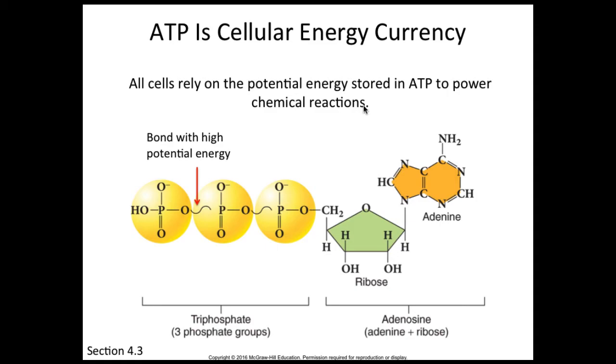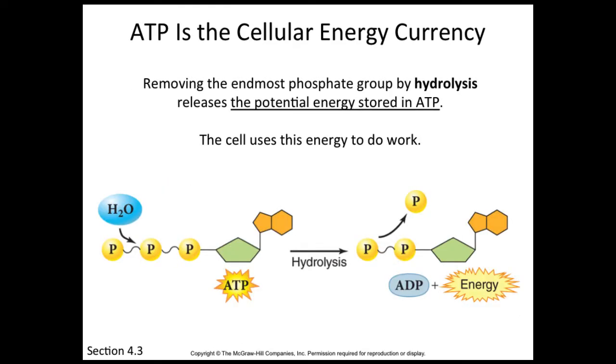Here we can see these 1, 2, 3 phosphates in this tail, which is why it's called a triphosphate. And this chemical bond has a lot of high potential energy stored inside of it. Removing the endmost phosphate group by hydrolysis releases the potential energy stored in that ATP. Therefore, the cell can use this energy to do work.